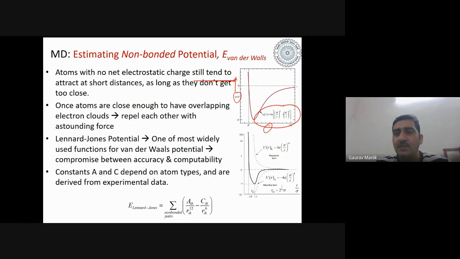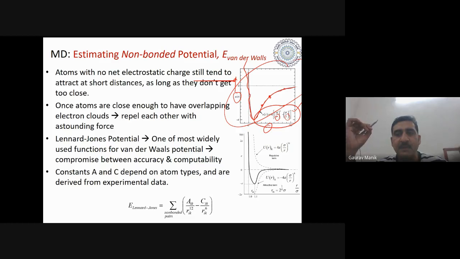As the atoms move towards each other, the potential tends to get negative, which means that the atoms are experiencing a positive attractive force. When the atoms move very close to each other, they start repelling each other, and they have a very sudden, very high amount of repulsive force. The curve is represented by this form of potential. So given any value of r, you can find out what will be the potential between those two atoms.